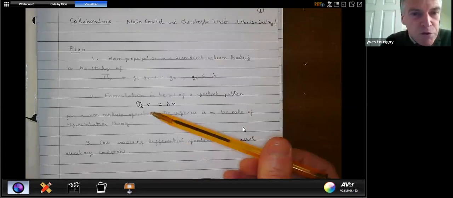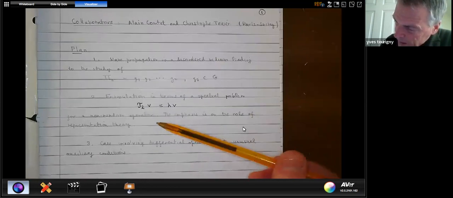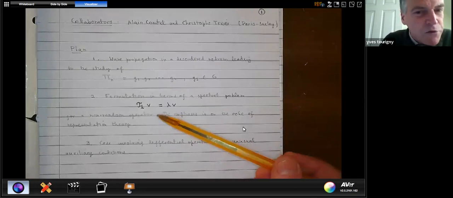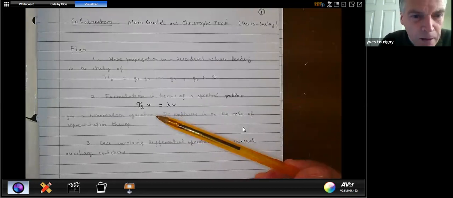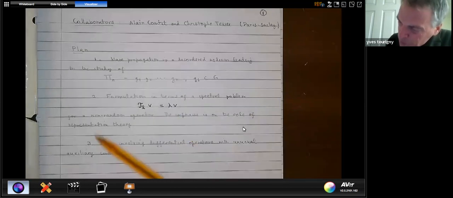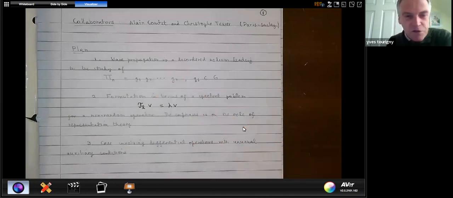This operator, which will occupy us for the talk, is non-random. It doesn't have very good properties in the sense that it's not a self-adjoint operator. Of course, the question is, what kind of spectrum can it have? So this is a difficult question.